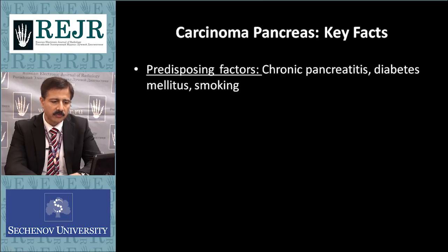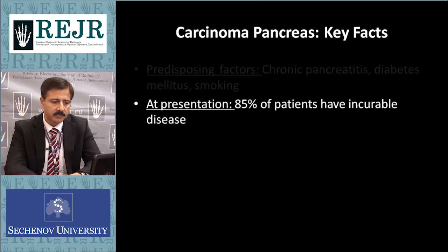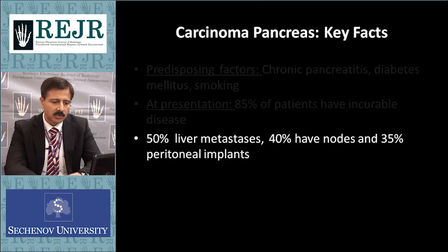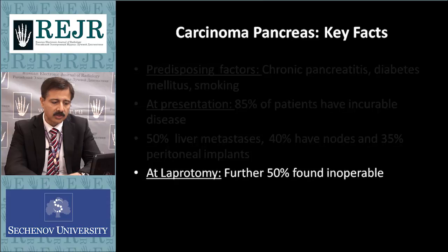The predisposing factors include chronic pancreatitis, diabetes, and smoking. At presentation, 85% of patients have incurable disease. Patients will have liver metastasis, and 40% have nodal metastasis or peritoneal implants.